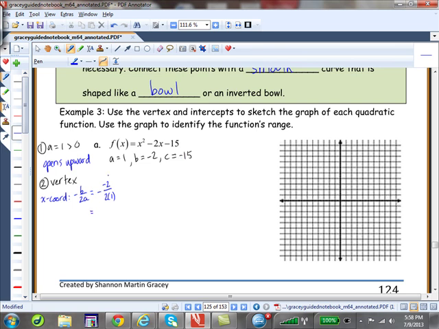So this is going to end up being positive 1. The y-coordinate we find by evaluating the function at 1. So that's going to be 1 squared minus 2 times 1 minus 15, which will be negative 16.